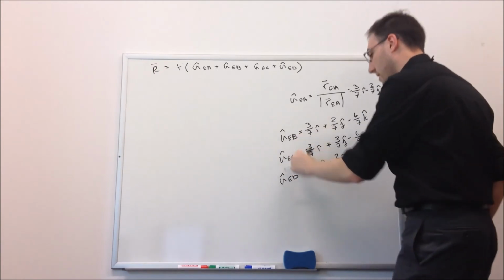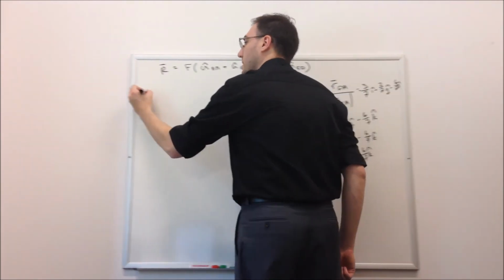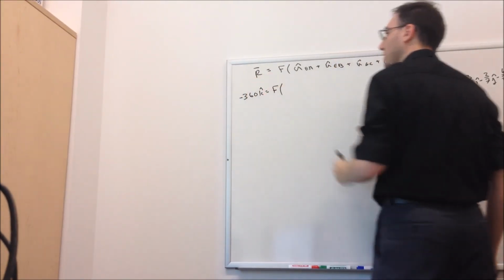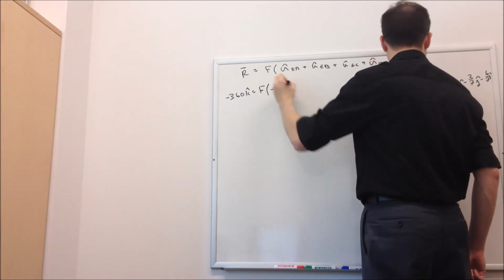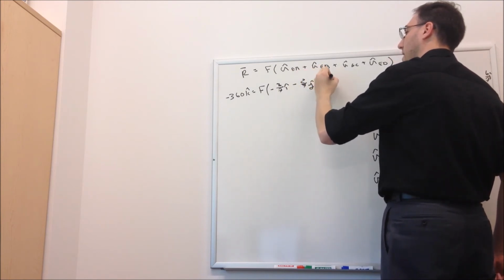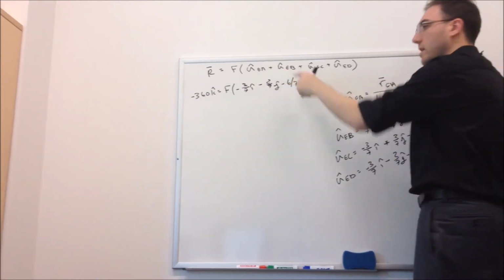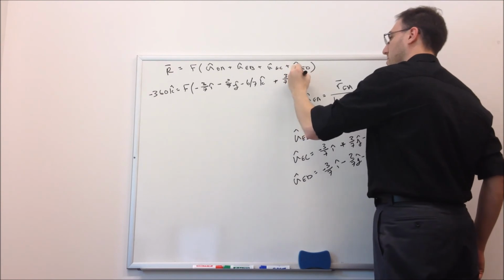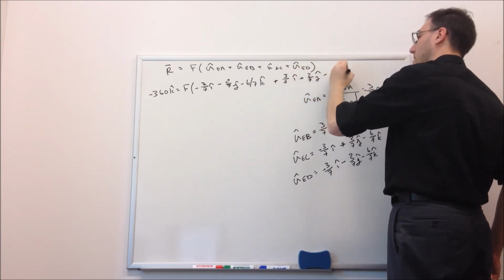So now I can just put in all the values that I have here, and I'm told what R was: negative 360k is equal to F times, so U hat AE is negative 3/7 i minus 2/7 j minus 6/7 k. U hat EB is 3/7 i plus 2/7 j minus 6/7 k.